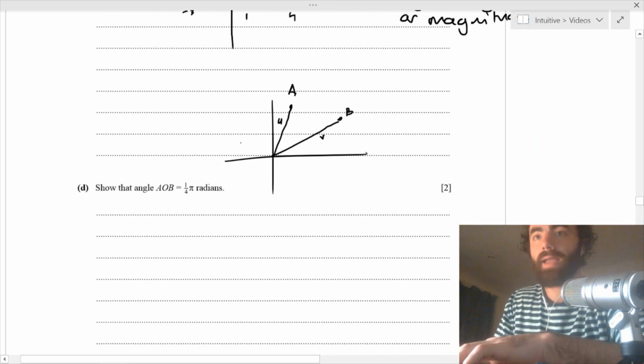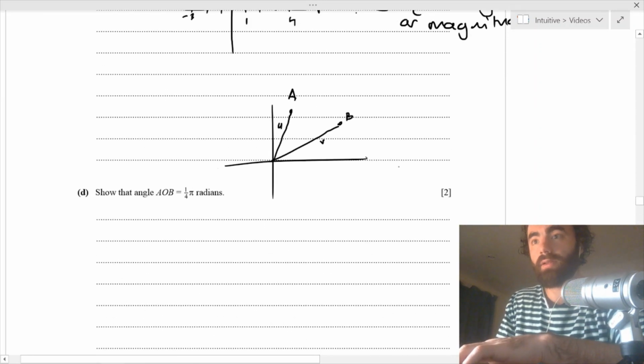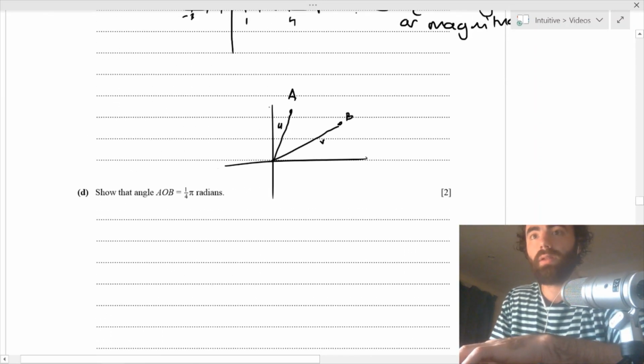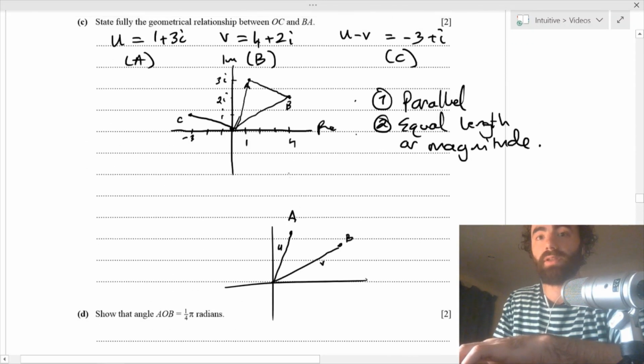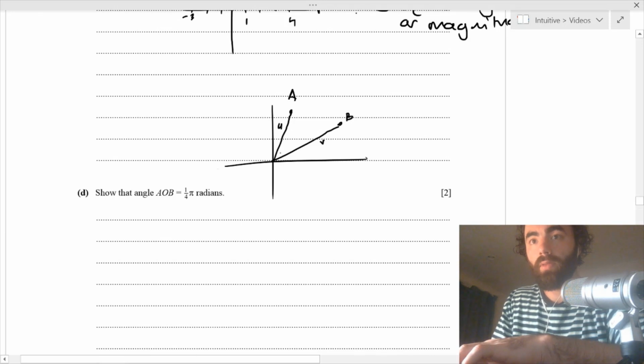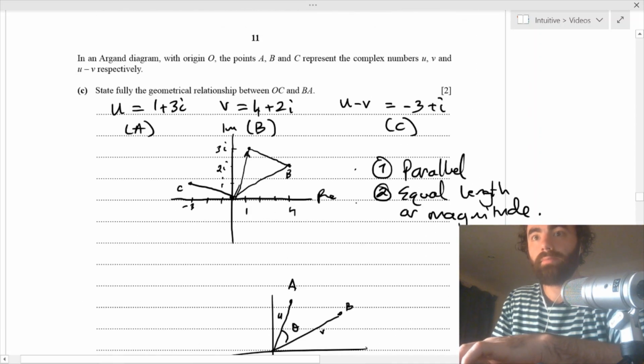Even though it's a small amount of marks, it taps into some pretty good understanding of complex numbers and arguments. First of all, our angle that we want is this one, so we can call it theta. So this is theta AOB. That's that angle there.